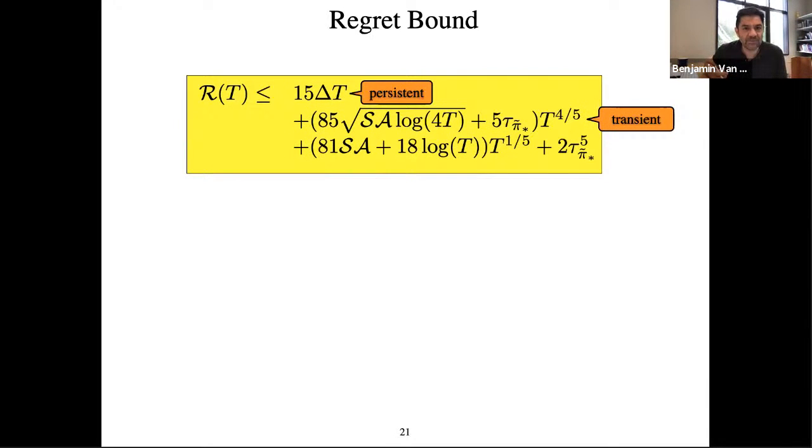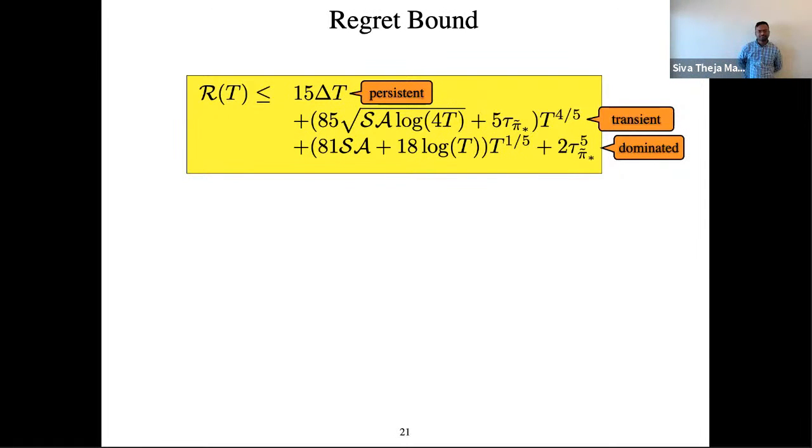The second term is transient. This is a term where we'll incur regret over time, but eventually the amount of regret incurred per time step will go to zero. And there's this third term, which I just won't talk about because it's going to be dominated. The other terms are much more significant than this one as time increases, and so I'm not going to worry about that third term at all.